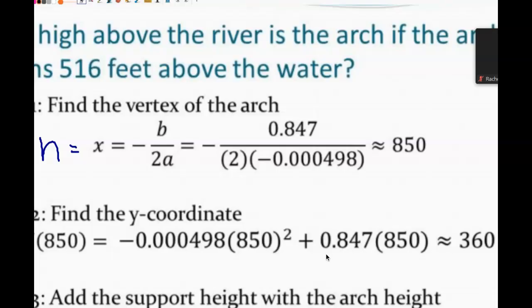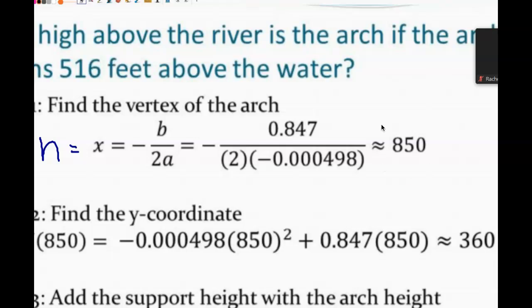So this might look a little bit like physics if you guys are in physics, because this is kind of looking at the path of a trajectory. That 850 would represent the distance from its starting point to halfway through its flight. This 360 would represent the max flight or height of an object in the air.